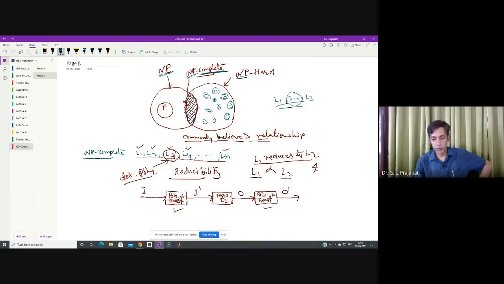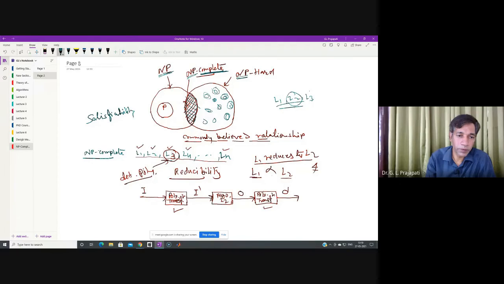Okay. So at the beginning, the satisfiability problem was known as NP-hard. This was the only problem known earlier as an NP-hard problem, and it was with the help of Stephen Cook.